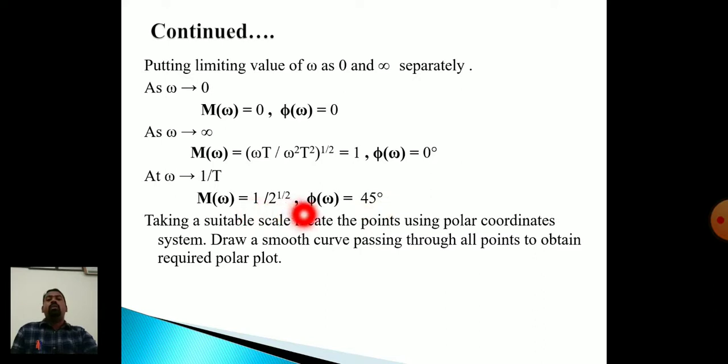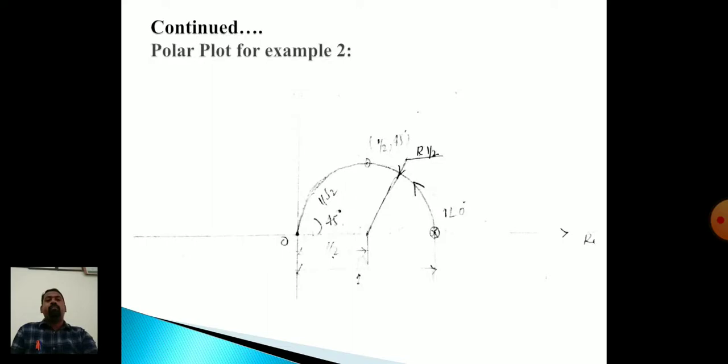By taking a suitable scale, draw the polar plot as omega tends to 0, omega tends to infinity and omega tends to 1 by t. You can see the polar plot here. The first point is omega tends to 0, M of omega is 1, and omega tends to infinity, M of omega is 0.